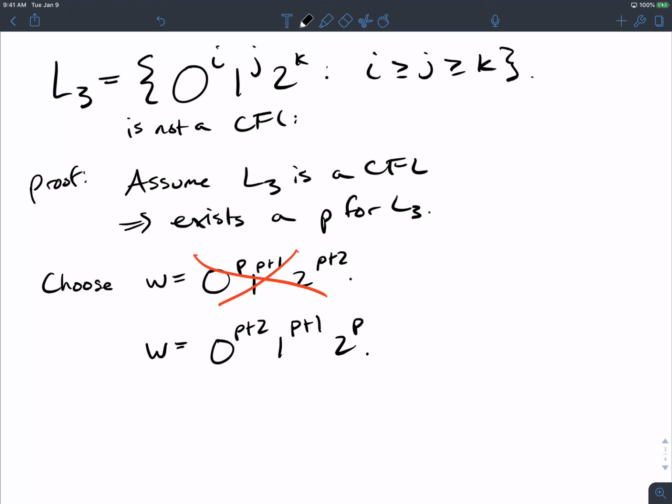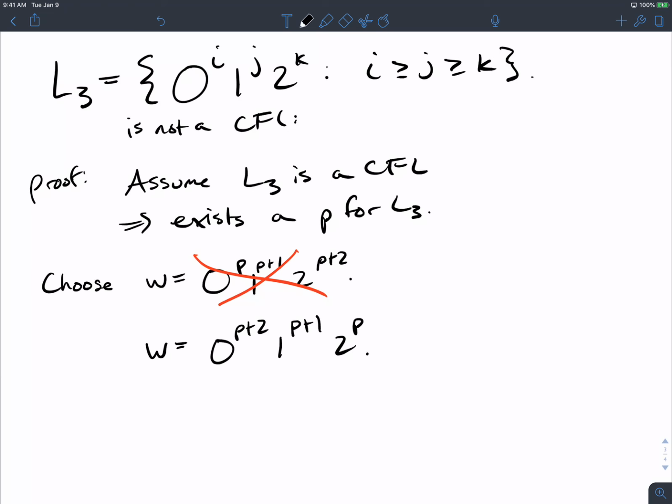Why won't it work? Suppose that the VXY part was only in, let's say, the zeros. If I put more zeros in, is that going to help me get out of the language? No. So what is my only choice? Well, I can't put more in, so what do I do instead? I go back to I equals 0. I take out a copy of V and Y simultaneously. Okay?